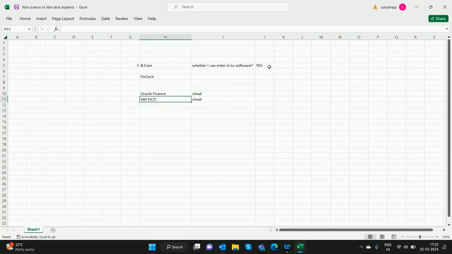Oracle Financials or SAP, the syllabus is the same. We learn the concept of general ledger. We learn accounts payables. We learn also receivables.